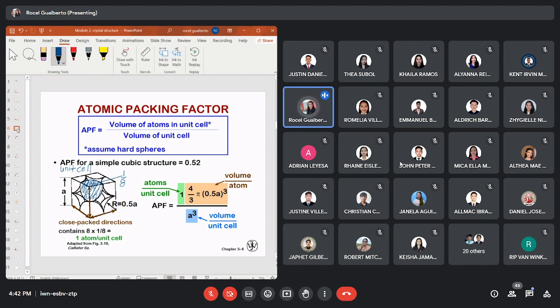So, sa isa pong simple cubic structure, the unit cell is in a form of a cube. And yung dimension po ng ating cube will have a height A, yung length would be A, at yung kanya pong width is also A. So, any side po, any measurement po ng side is equal to A. Okay? So, yun po yung A natin na tinatawag.